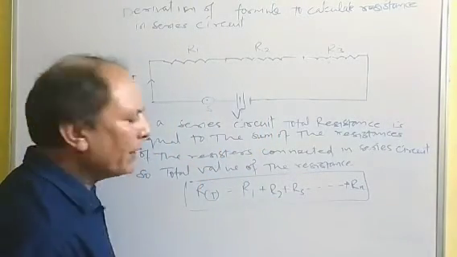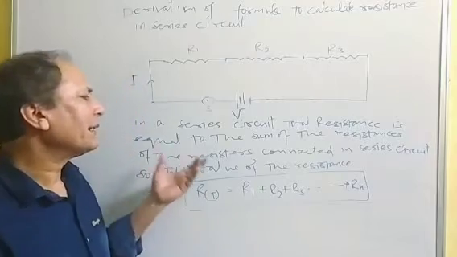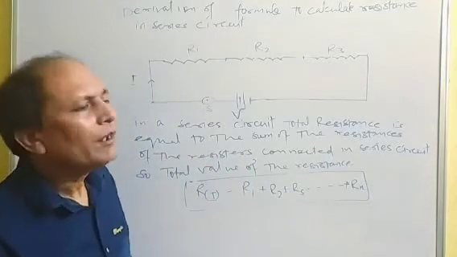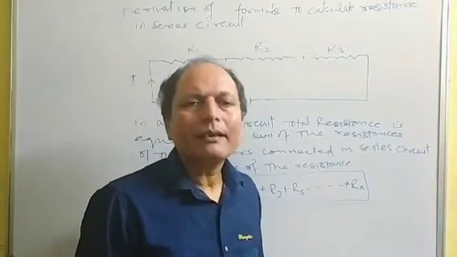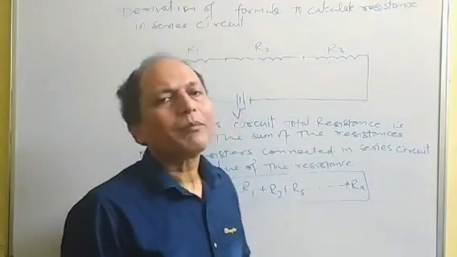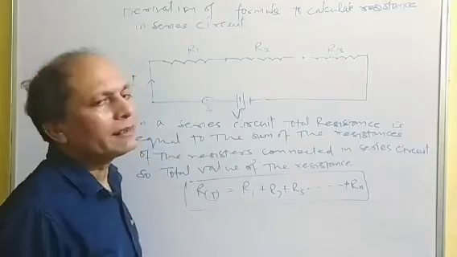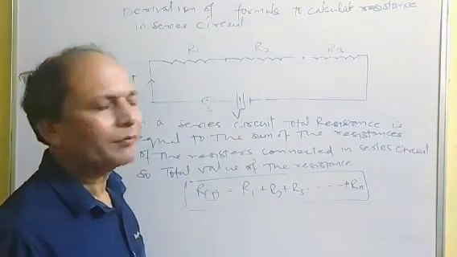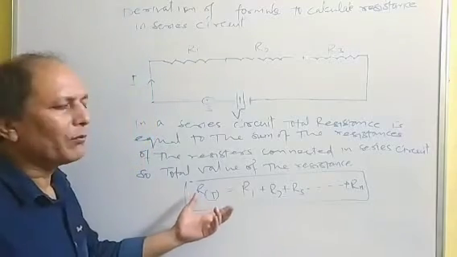That means the total resistance in a series circuit is equal to the sum of the resistances of the resistors connected in series circuit. So that is the formula.